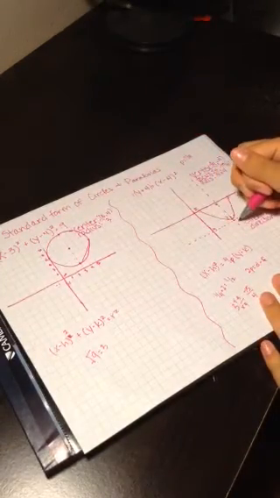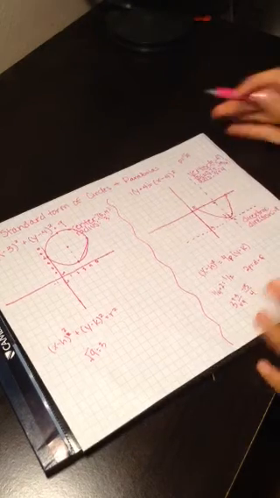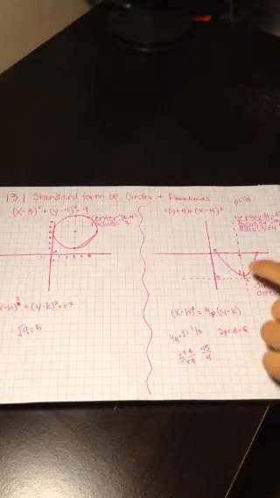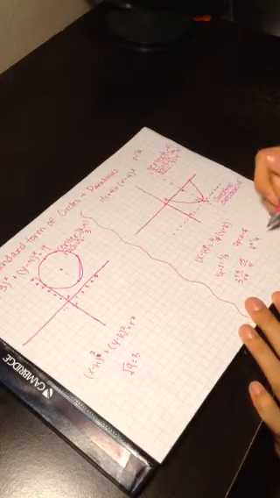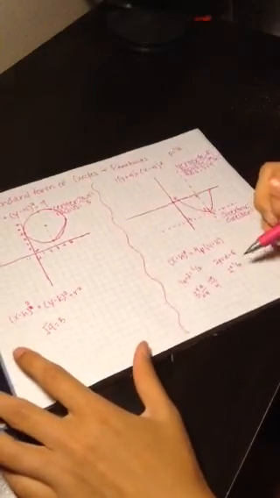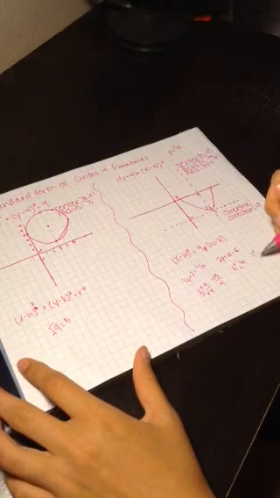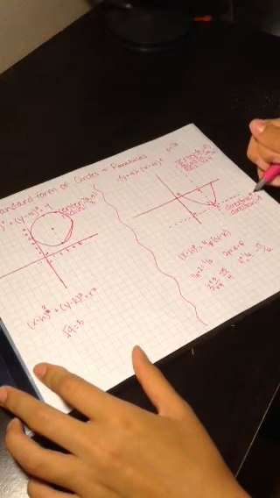This is your focus right here, this is your directrix right here, and this is your vertex. In this case, your directrix will be 4 minus 1/4, so we're going to put that in a mixed number. That'll be -17/4.